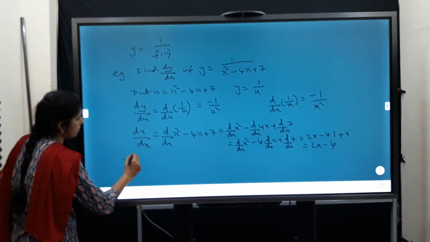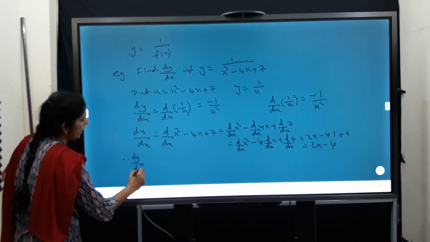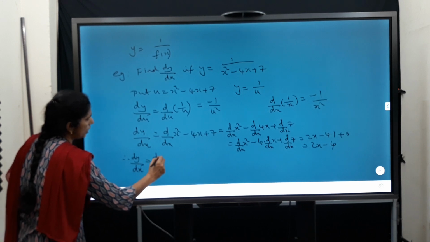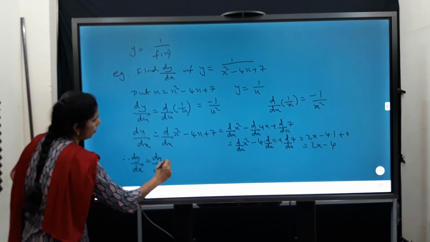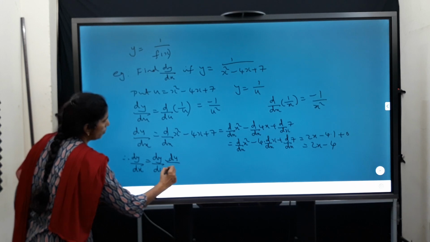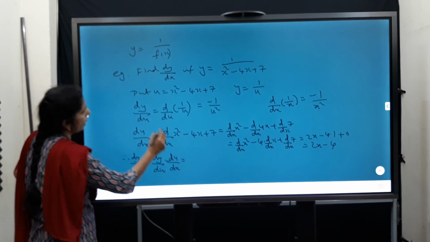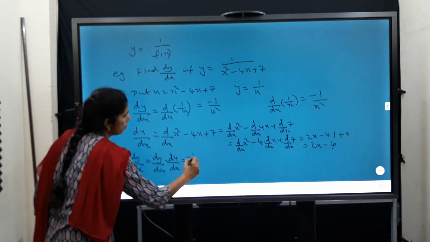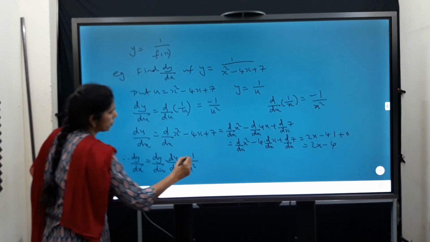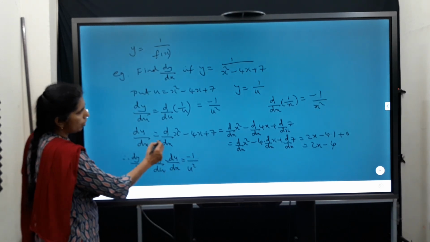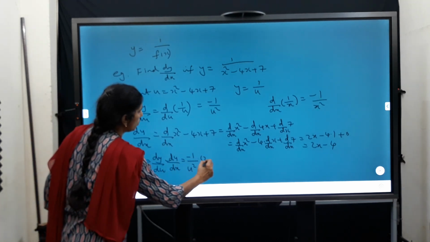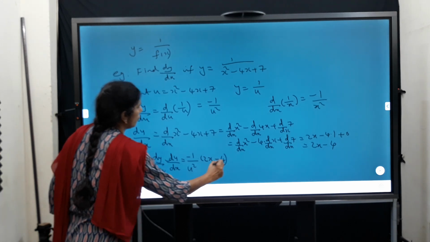So then substitute, dy by dx equal to, using the chain rule, dy by du into du by dx. Our dy by du is minus 1 upon u square and du by dx equal to 2x minus 4.